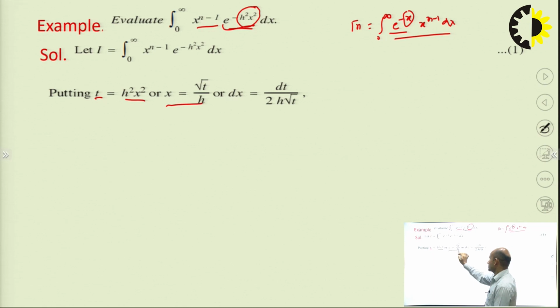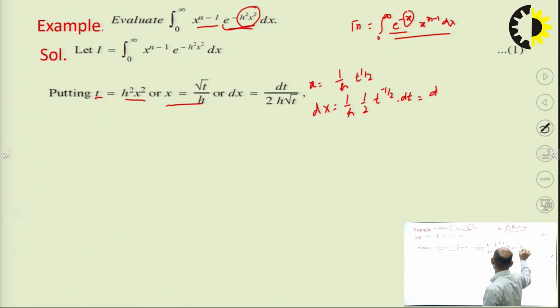On differentiation we get dx equals 1 upon h, then half, t raised to minus half, then dt. So dx equals dt upon 2h root t.